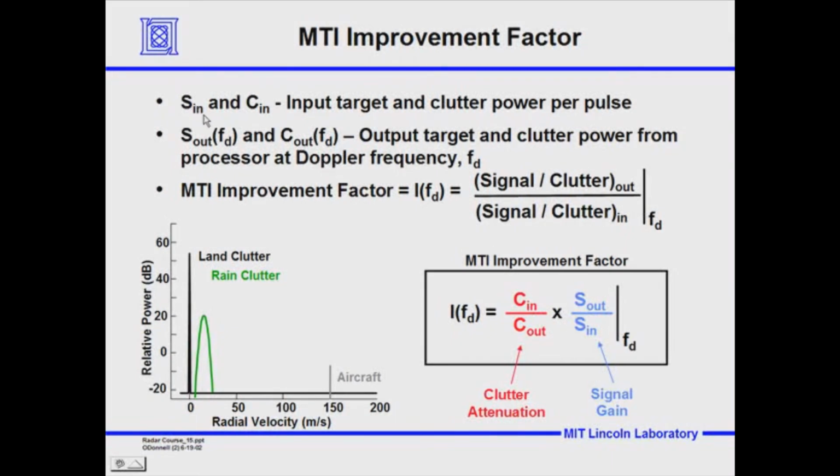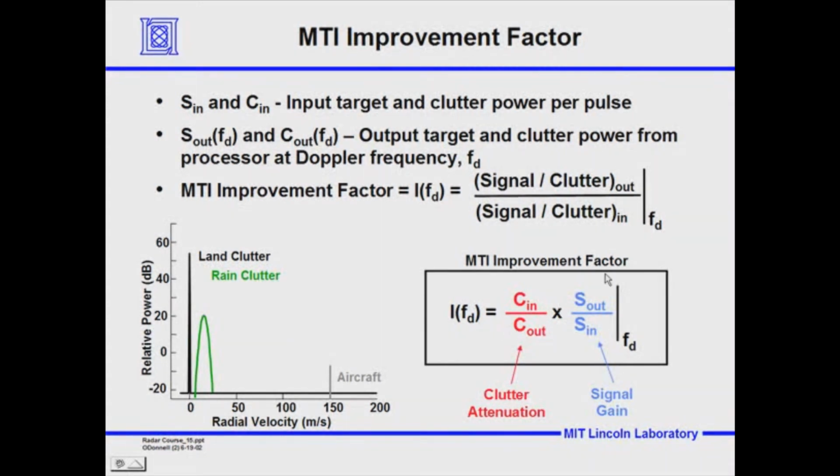The signal that we input, and the clutter that we input per pulse, and the signal that comes out at a given Doppler, and the clutter that comes out at a given Doppler or radial velocity. The MTI improvement factor is defined as the ratio of the signal to clutter that comes out to the signal to clutter that comes in. And then that's evaluated at a given Doppler frequency.